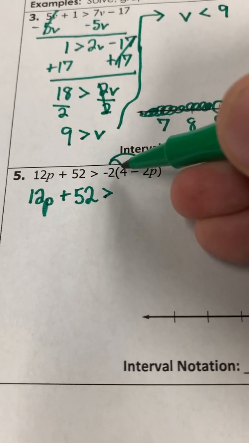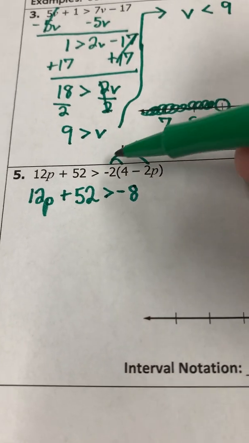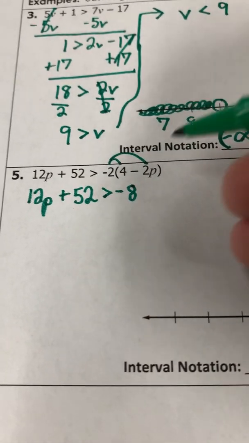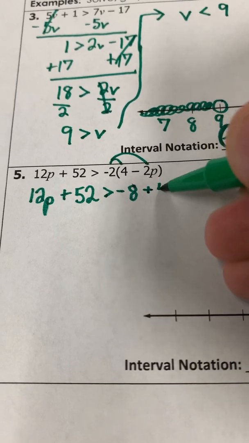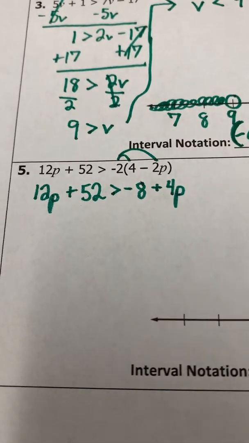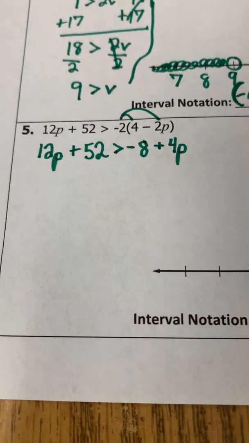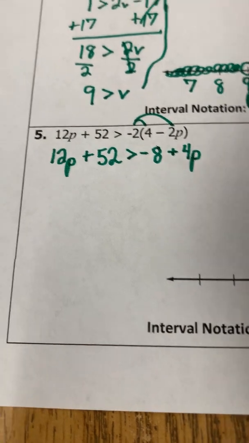Negative 2 times positive 4 becomes negative 8. Negative 2 times negative 2p becomes positive 4p. Okay, so we've distributed to get rid of our parentheses. Now we're going to combine our like terms.